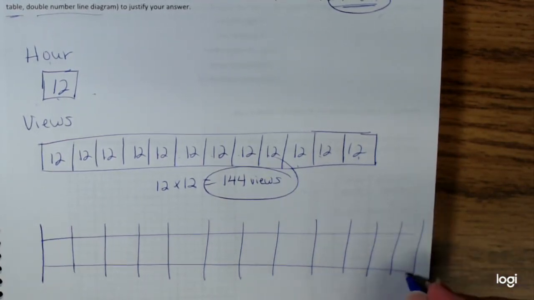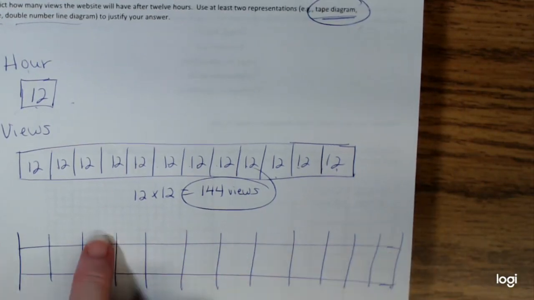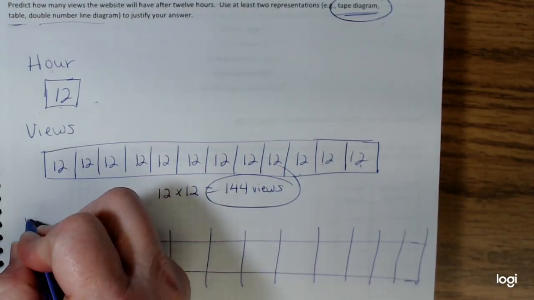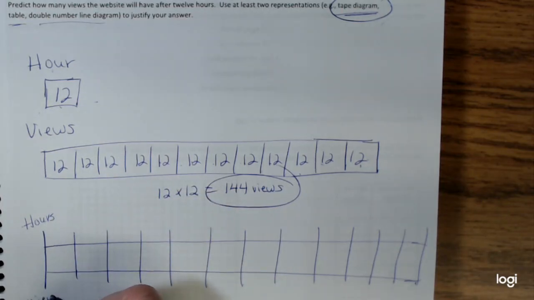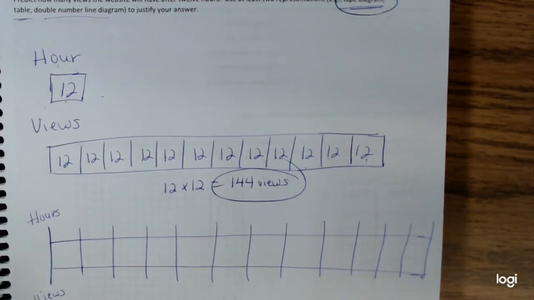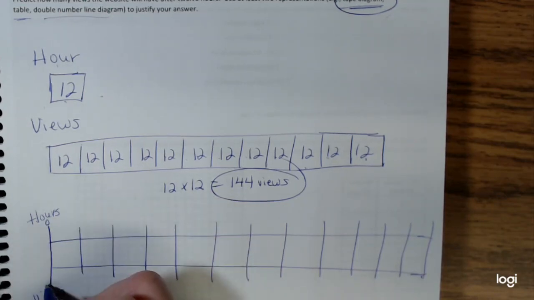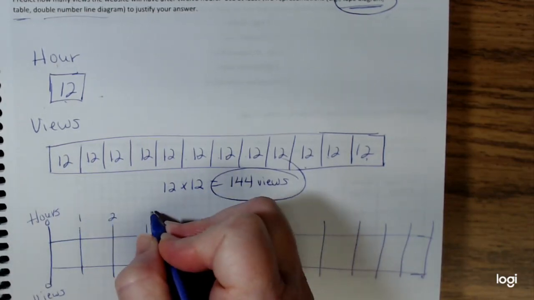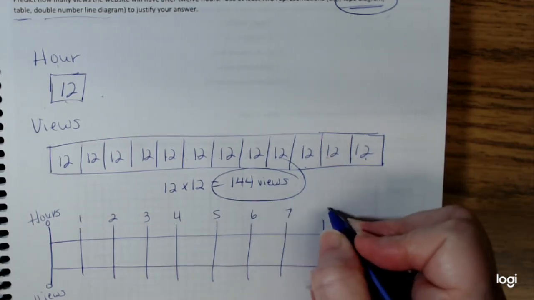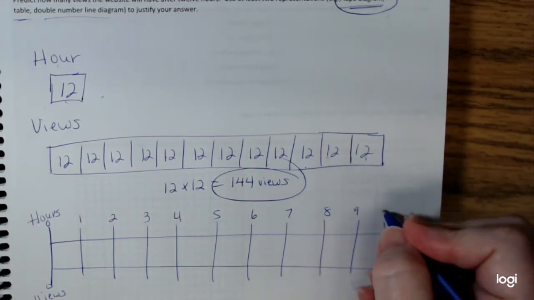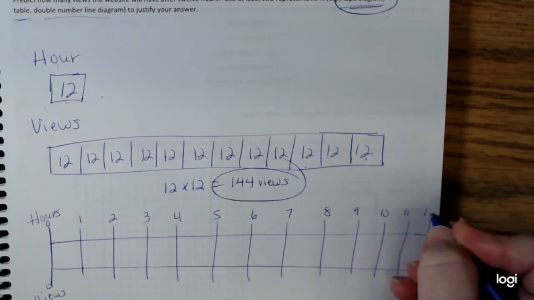So we have to make up to 12 because that's what our problem wants to know, because we're going to label this hours and this views. Okay. This would be our 0. 1, 2, 3, 4, 5, 6, 7, 8, 9, 10, 11, and 12.